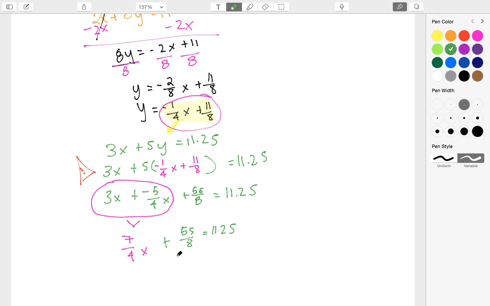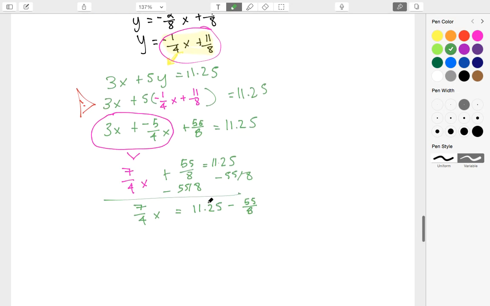We're almost there. We need to isolate x, so we'll subtract 55/8 on both sides. And so we're left with 7 over 4x equals 11.25 minus 55 over 8.